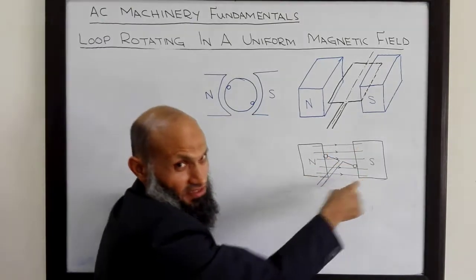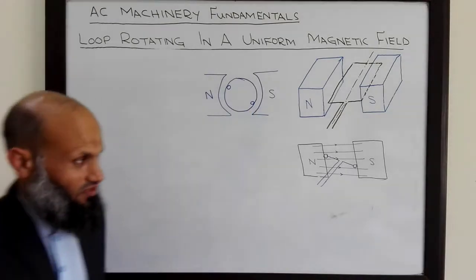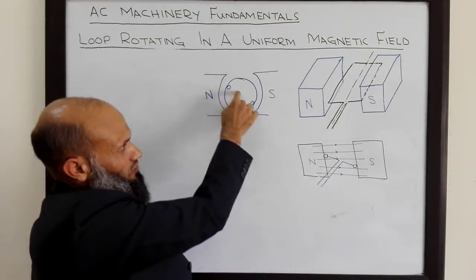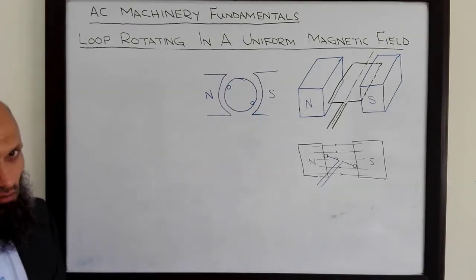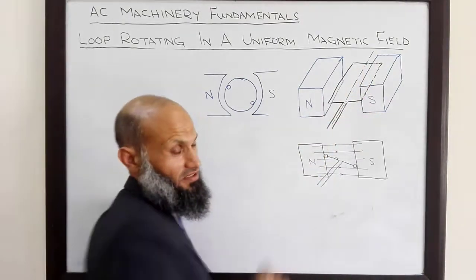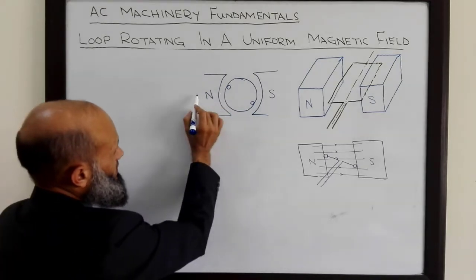Here the pole faces are flat, and over there the pole faces are curved. And in the case of DC machines, the coil was placed on a cylindrical rotor of ferromagnetic material. Over here it is placed in free space.